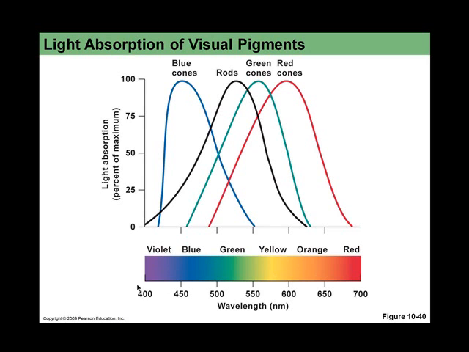So here's the lower wavelength, the 400 shown here, out in the violet range. So that's a higher energy level. And the higher wavelength, lower energy level down in the red range. So there's blue cones, green cones, and red cones.